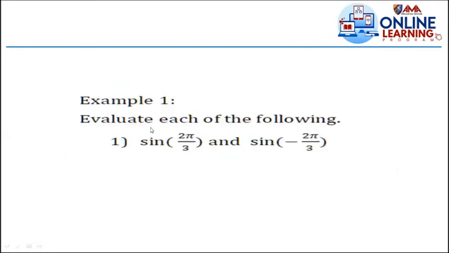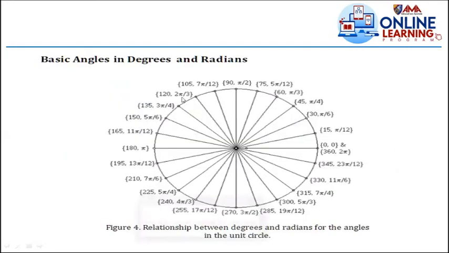Okay? So dito, we're looking for sine 2 pi all over 3. Pero sabi naman niya, you're going to rotate negative kasi nandito siya. 1, 2, 3. That is 2 pi all over 3. So pi minus pi all over 3 is 2 pi all over 3.